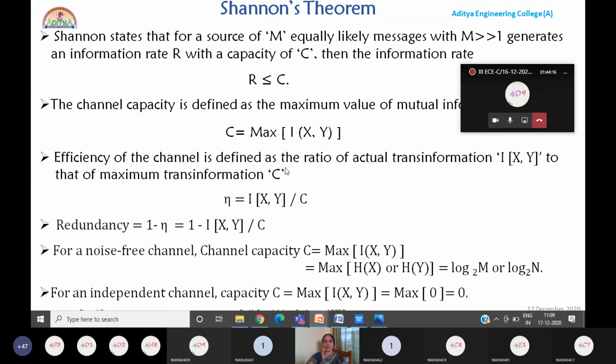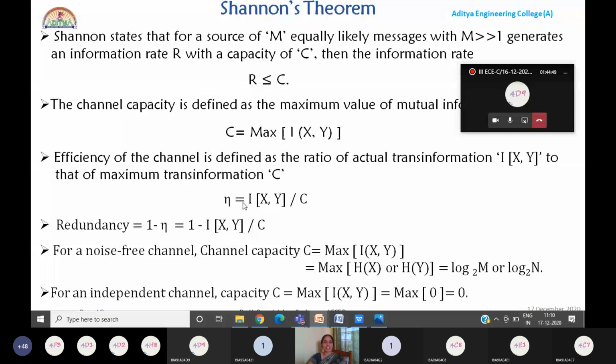Efficiency, as I already told you, is defined as the ratio of actual trans information to the maximum trans information. Trans information represents the transfer of information. So it is I of xy divided by C, where I of xy represents the mutual information and the maximum mutual information is the channel capacity C. This is efficiency. And the redundancy is generally defined as 1 minus efficiency.